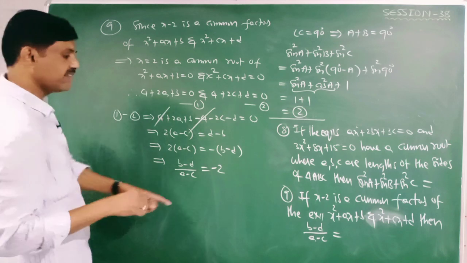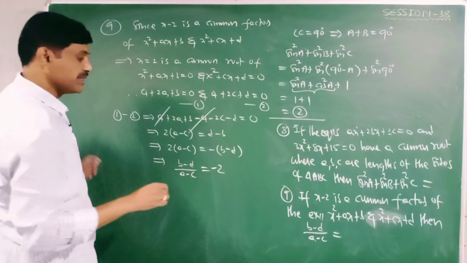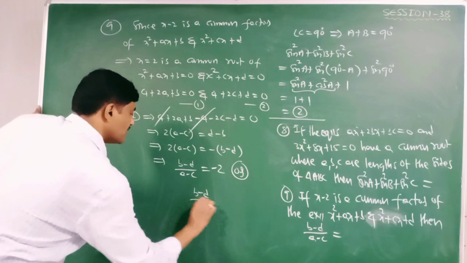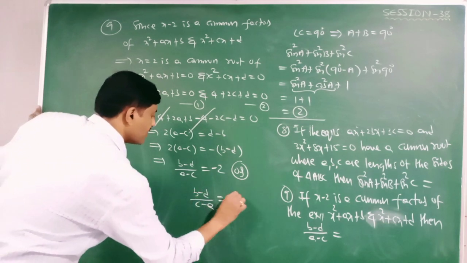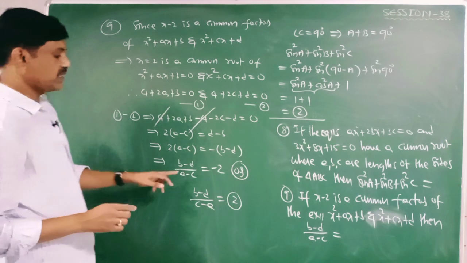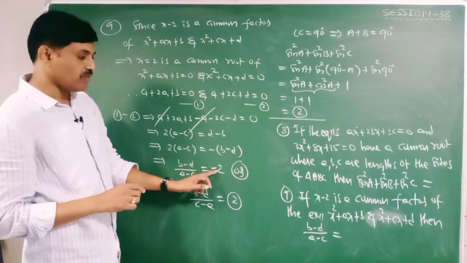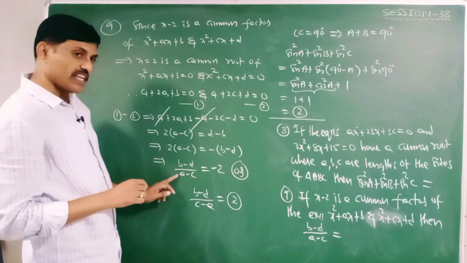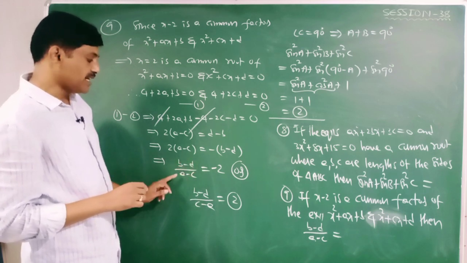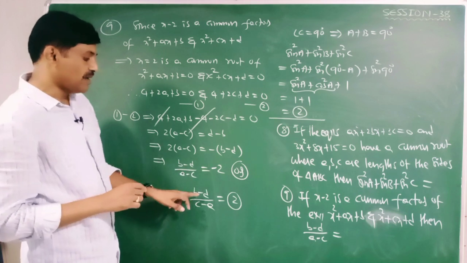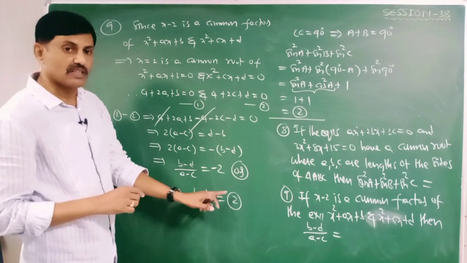Or sometimes they will ask b minus d by c minus a. Definitely we are getting 2, but as I gave b minus d by a minus c, the answer is minus 2. Or if you take minus common, b minus d by minus of c minus a, that minus will cancel. b minus d by c minus a is equal to 2.